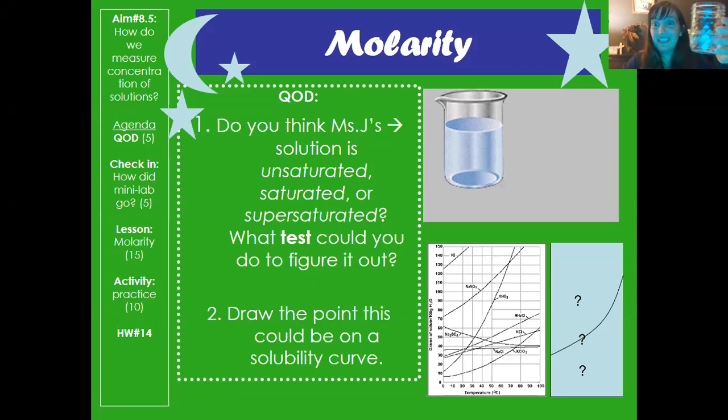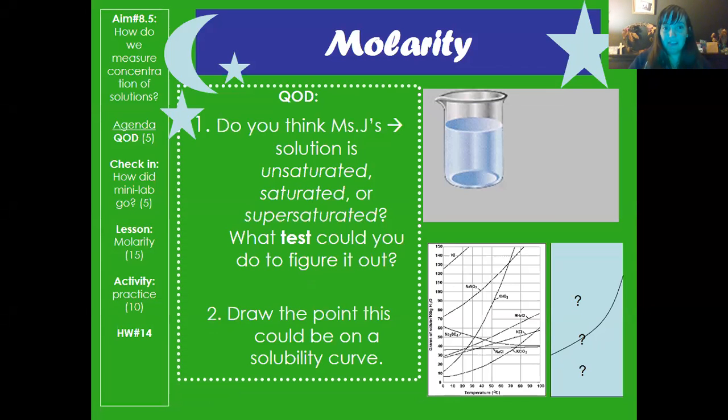Great idea. Let's add a little bit more solute and see what happens. All right. Doesn't look any different, huh? So we're going to guess that it was unsaturated. We added some more solute. It also dissolved. So we still can't see anything in there.